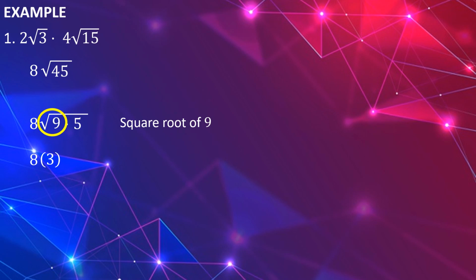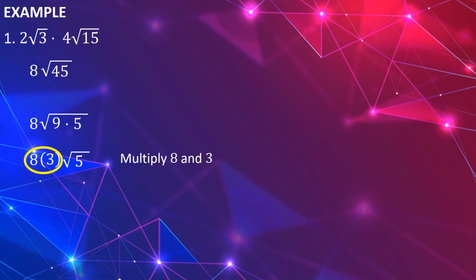So we have 8 times 3. Then copy square root of 5. We multiply 8 and 3, and the product is equal to 24. Then copy square root of 5. So the simplified product of 2 square root of 3 and 4 square root of 15 is 24 square root of 5.